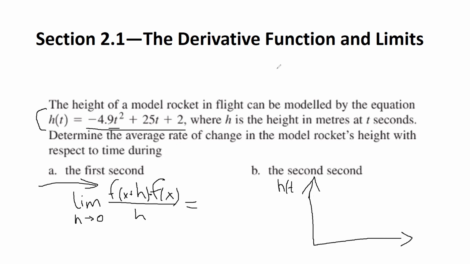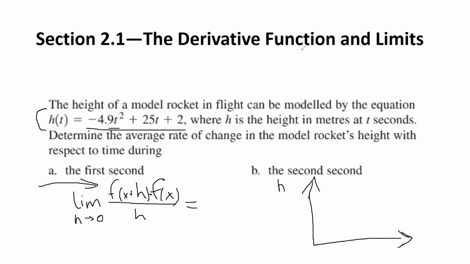So basically we have h for height, and h in our case is pretty much the same as y, the function, right? The dependent variable. And what would be instead of x in this case?